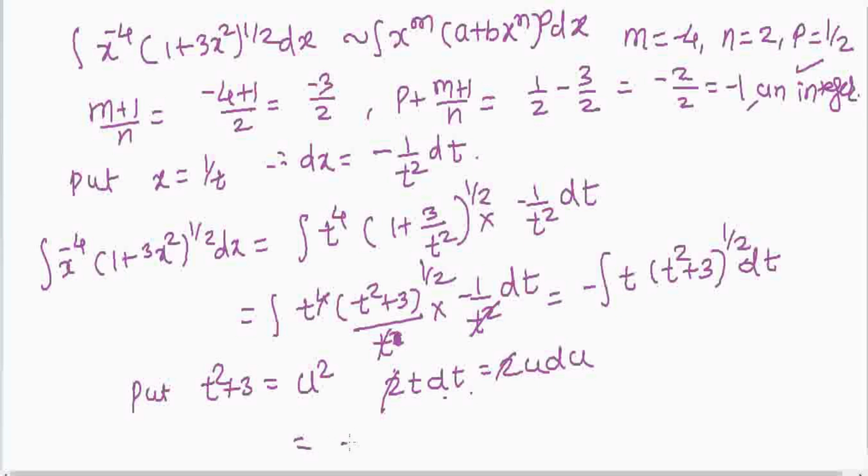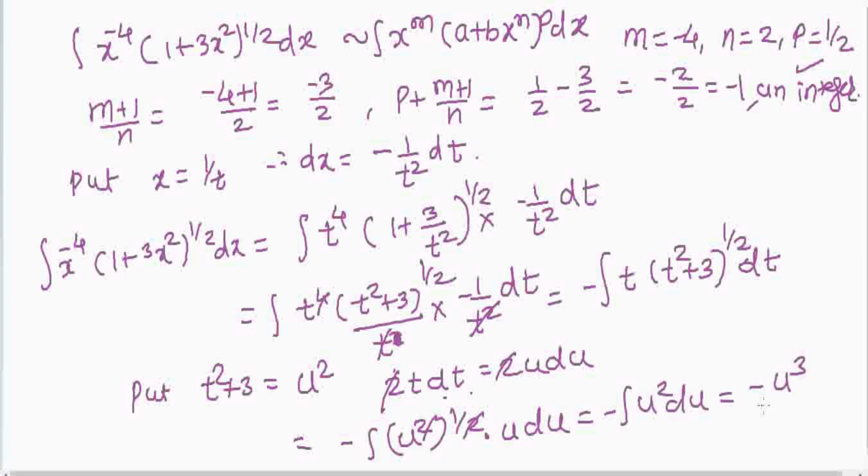This is equal to minus integration of (u square) whole raised to 1 by 2 into u into du. You can see the u cancels, and we get minus integration of u square into du equal to minus u cube divided by 3.